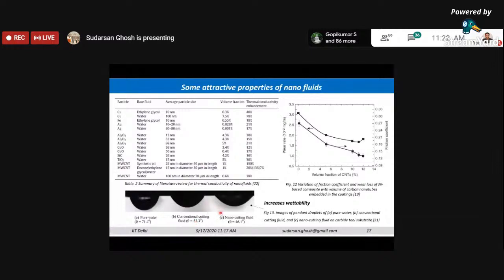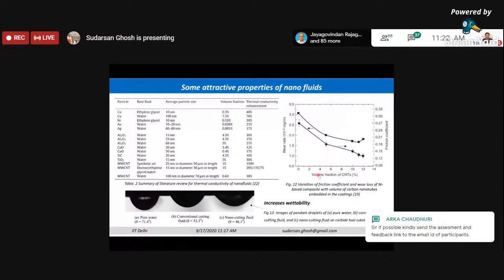Not only that, this is the thermal conductivity part and the wettability part. But if you see in this figure here, carbon nanotubes have been used in some composite coatings, and the friction coefficient has also got reduced. As you have increased the volume fraction of carbon nanotubes, the friction coefficient has got reduced. In other words, the more nanoparticles you have in your material, the better is the lubricity property of that material.